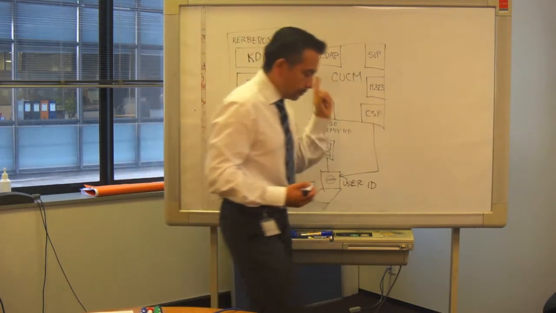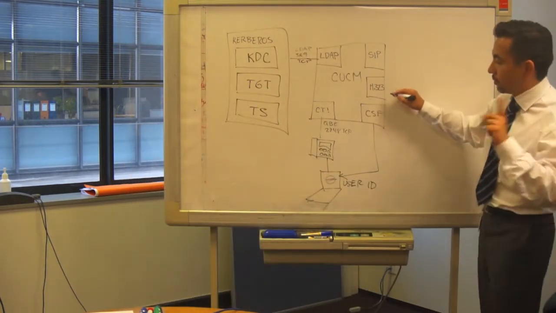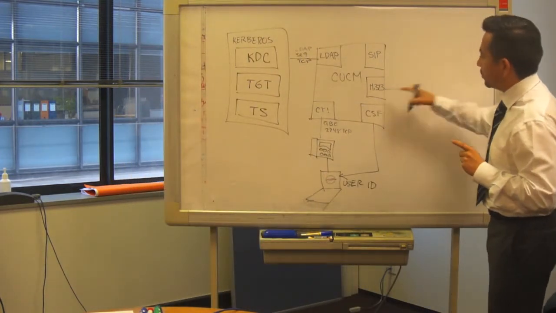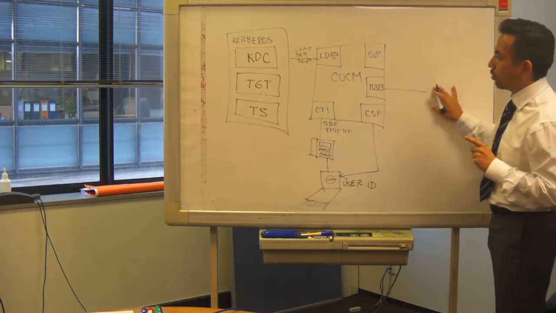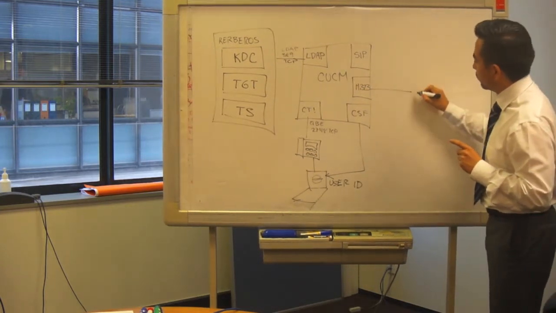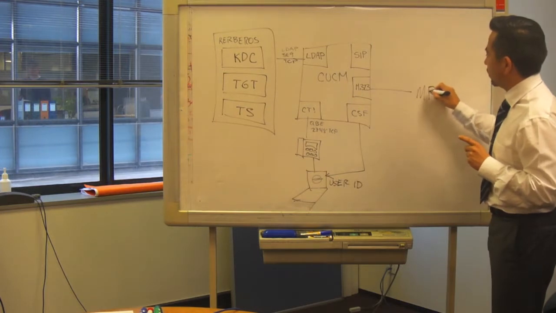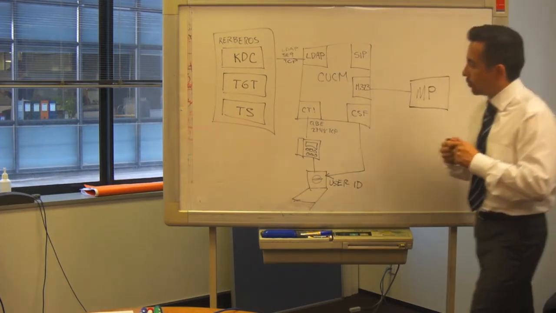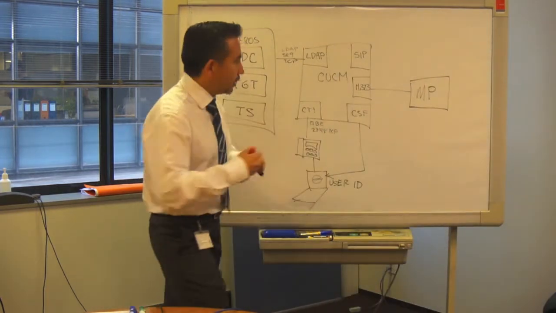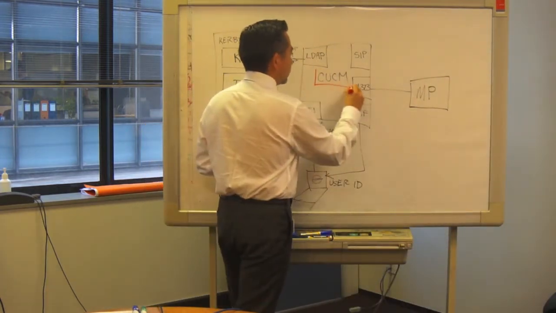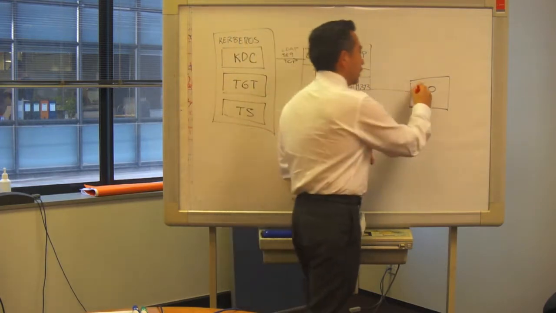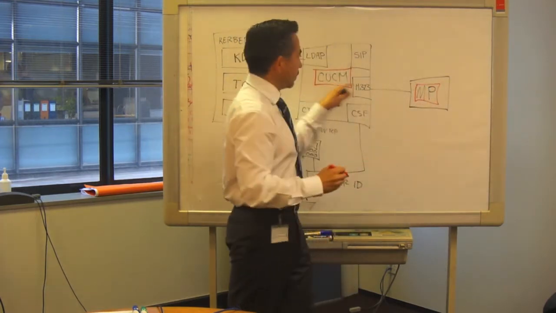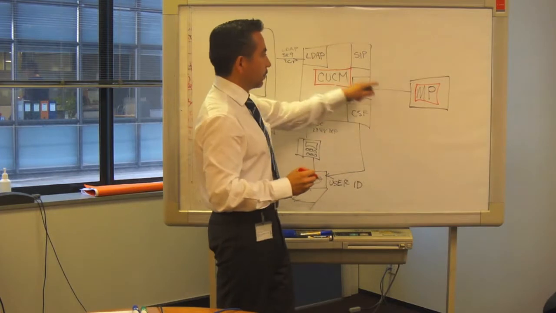Now, H323 is very, very important because the H323 protocol will talk to Meeting Place, which is our next component. Actually, I will put components like appliances and devices in red. This is a server, this is a server, this is a server, and these are protocols.